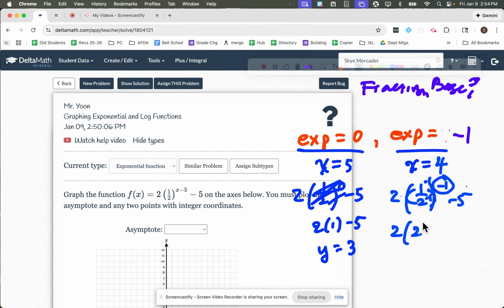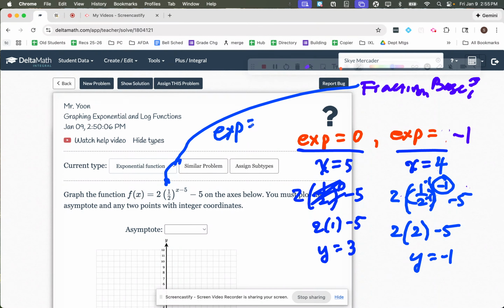So the 2 goes on top, 1 on the bottom, and this is what you get. This is your y. 4 minus 5, y is going to be negative 1. Okay? So this is very useful when you have a fraction base. When your base is a fraction, make the exponent equal to negative 1.